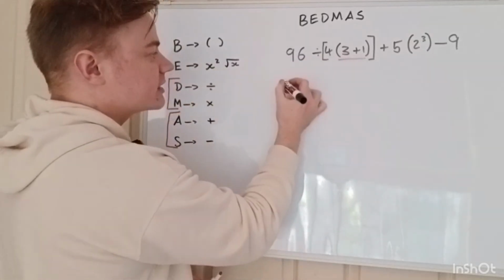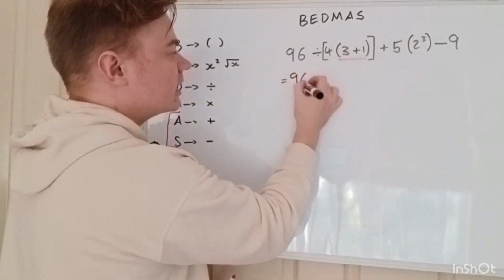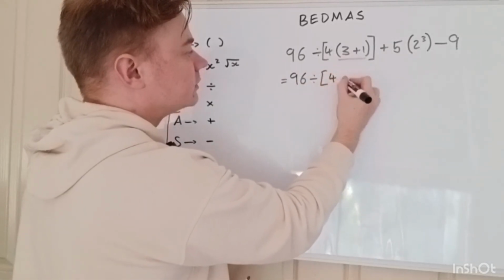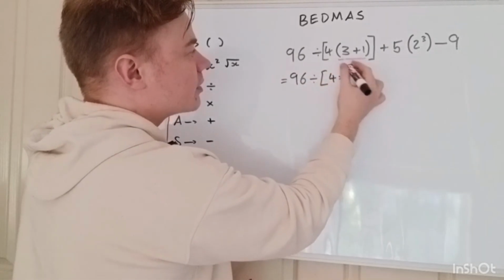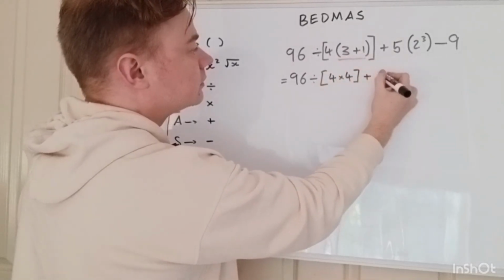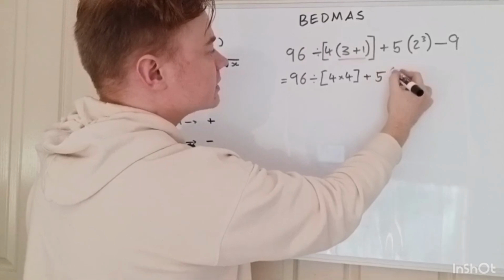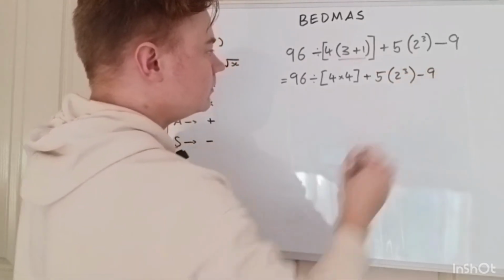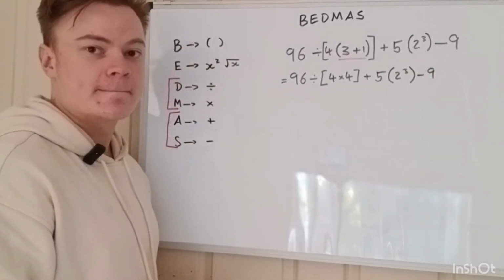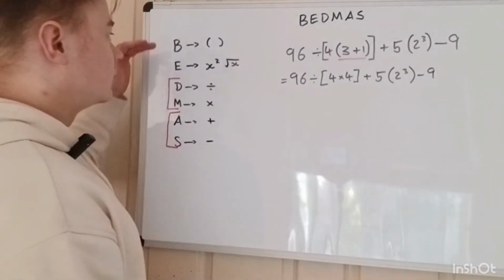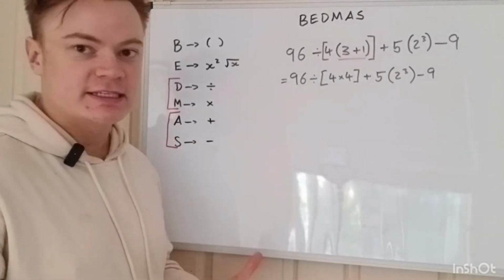So everything else here stays the same. 96 divided by 4, and it's going to be times 3 plus 1 gets us to 4. Everything else stays exactly the same. Okay. Now what do we do? Well, we go down our BEDMAS line again. Look at, do we have any brackets? Well, yeah, we still have brackets.